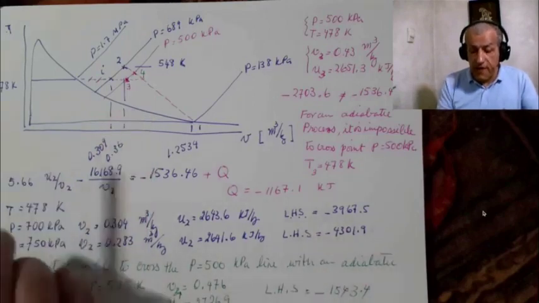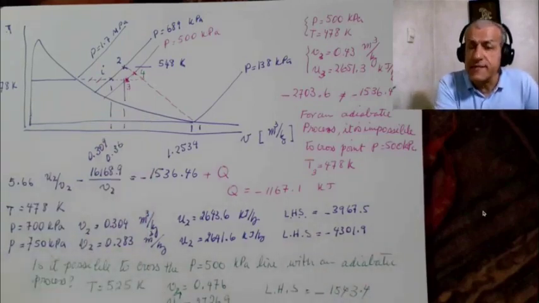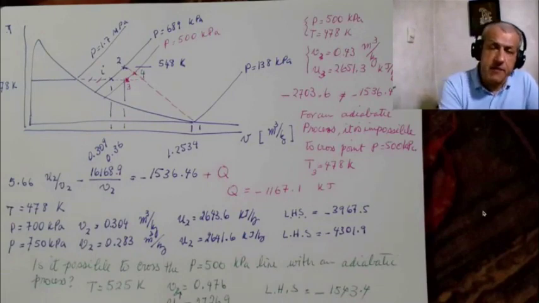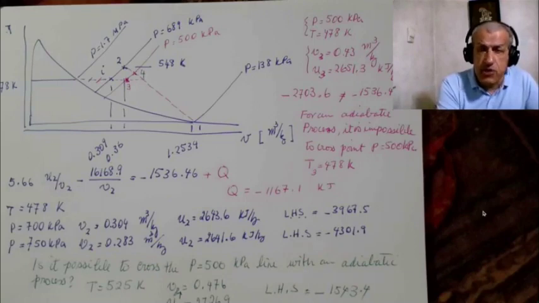So the final conclusion is this: every law of thermodynamics and the equation of state tell us what is possible and what is impossible. The second law does this job quite professionally at a very different level.